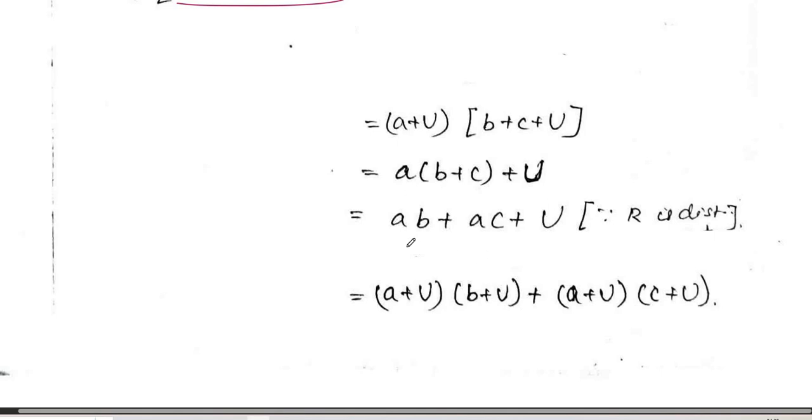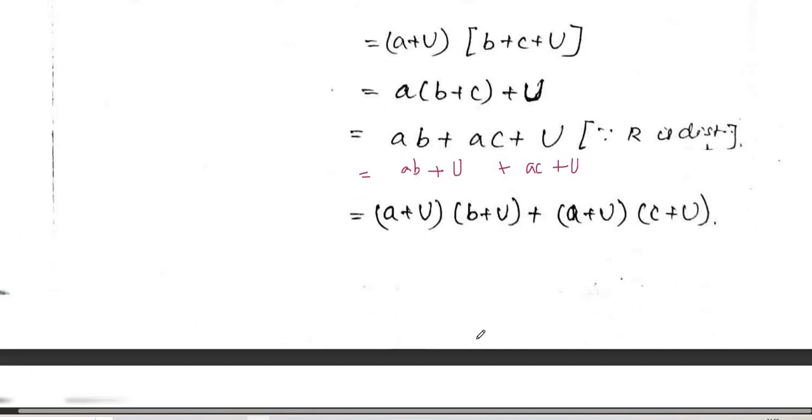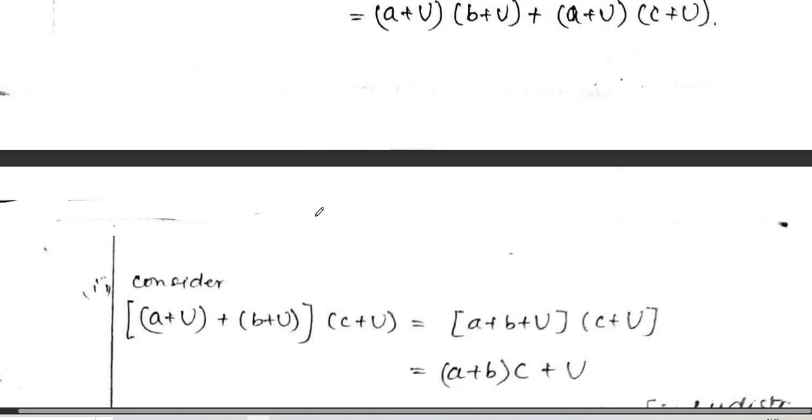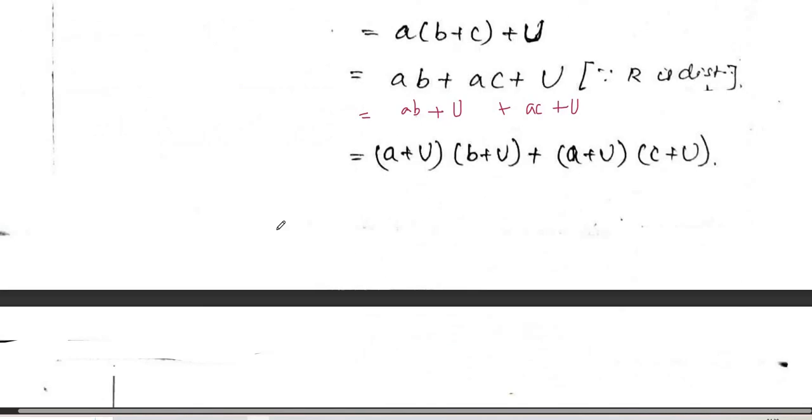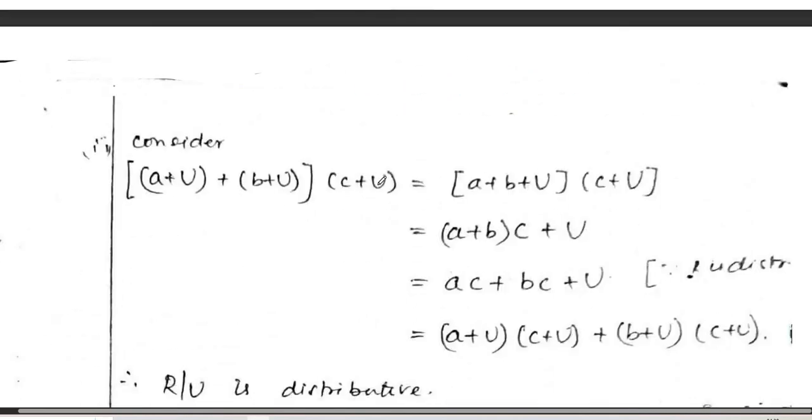And this again, you have AB plus U by the definition of addition in R mod U plus AC plus U. So this again by the definition of multiplication can be rewritten in this way. So that is your RHS.